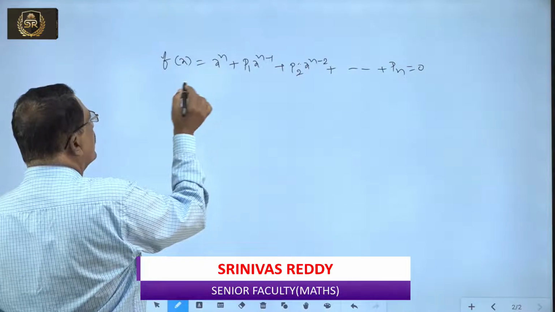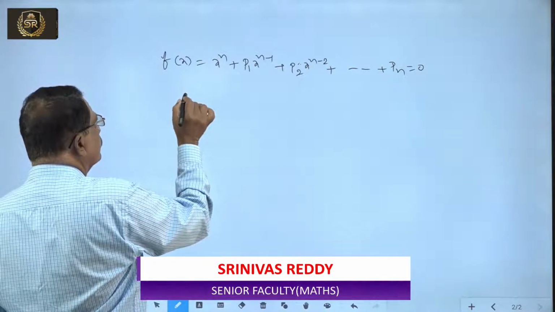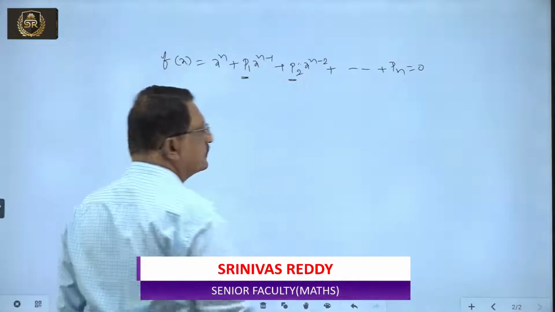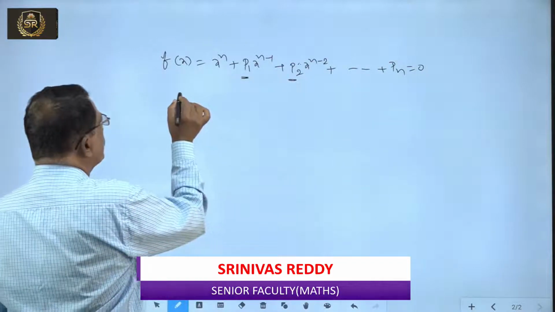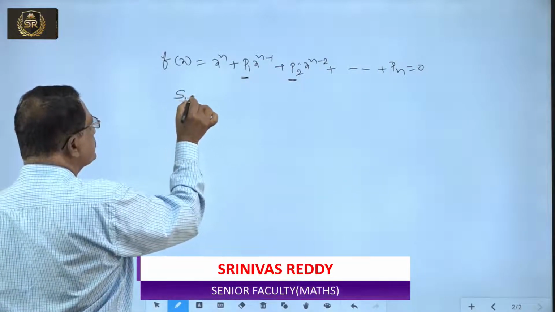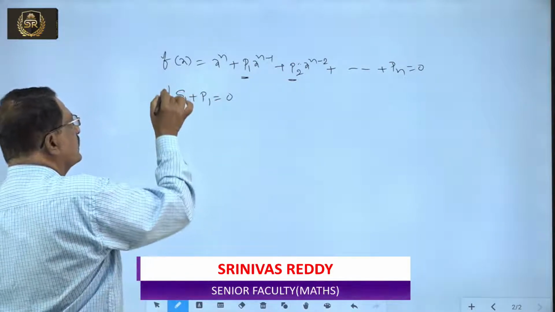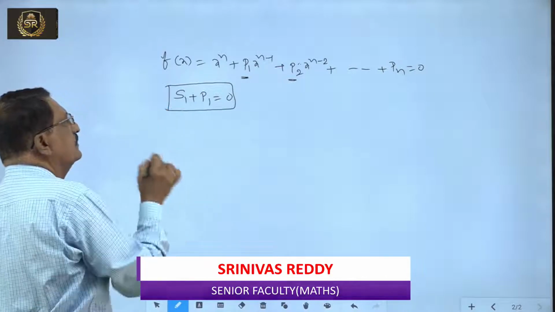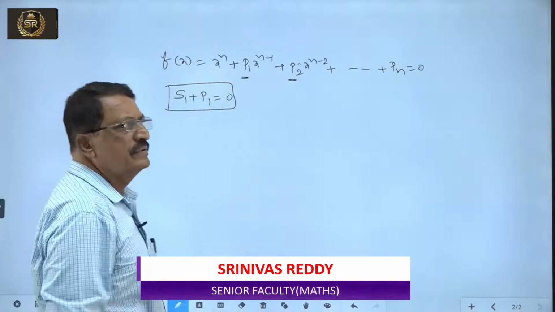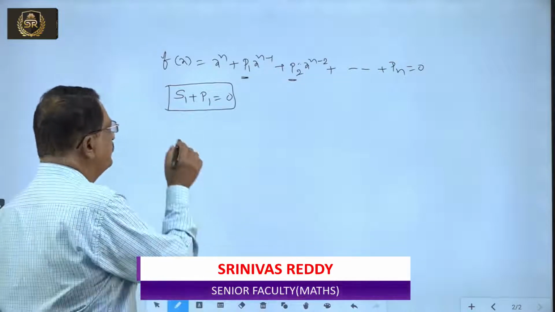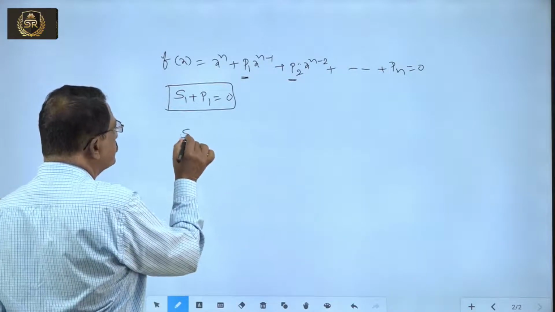Now, here p1, p2, p3 up to so on are coefficients. Now, S1 plus p1 equals 0. Here S1 is nothing but the sum of roots of the equation.